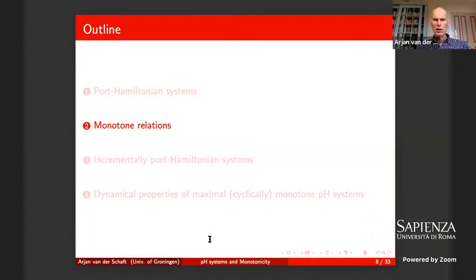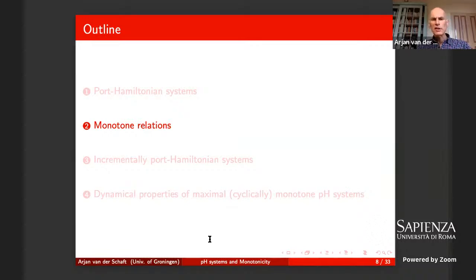Okay, so that's very briefly about port-Hamiltonian systems, which is, as I said before, really corresponding to passivity, but much more than that. Also, all kinds of conserved quantities can be studied within this framework and other properties.